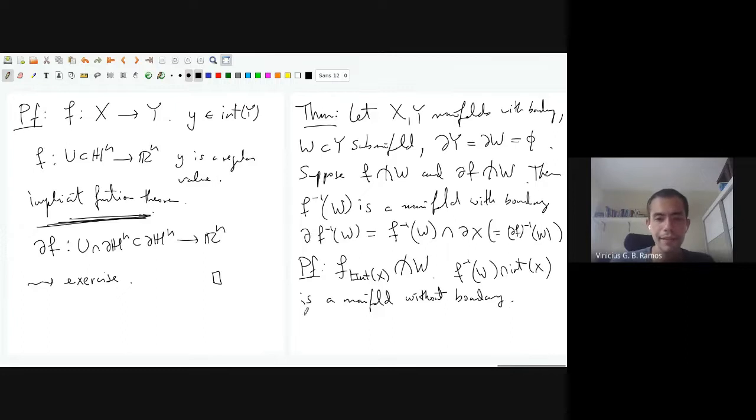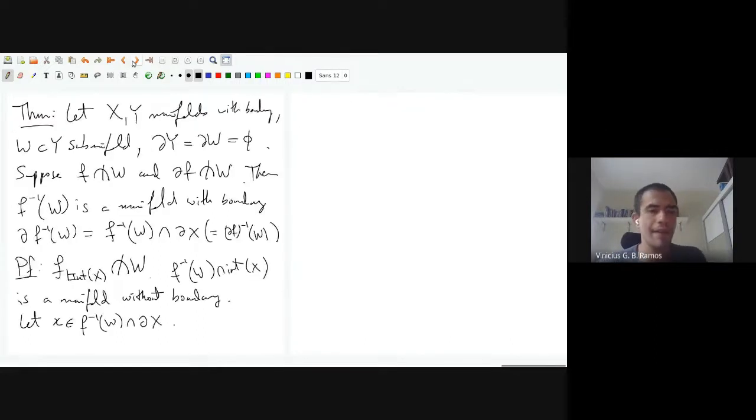So now let x be a point over here, a point on the intersection of W with the boundary of X. So the usual argument is when you have a submanifold, what you do is you pick a submersion. Again, it's another incarnation of the implicit function theorem.